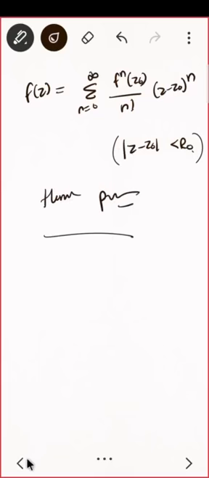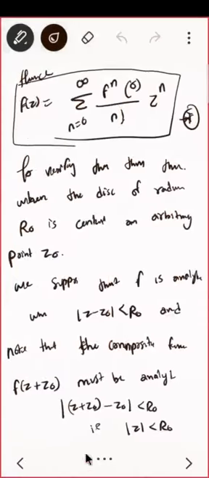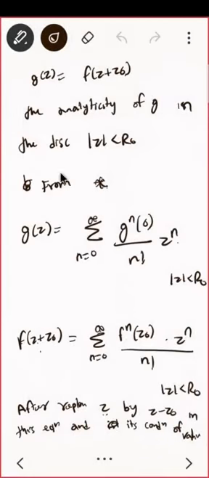So what did we do? We first proved Maclaurin series, and by putting this function, that is f of z plus z naught, I am able to do that. Correct? I'm able to get the Taylor expansion.